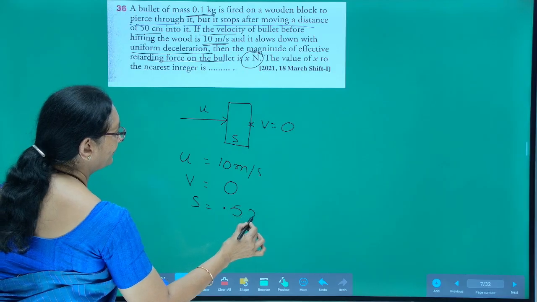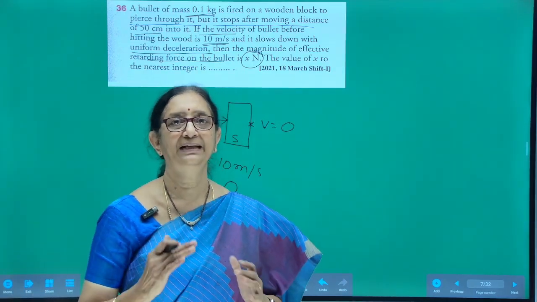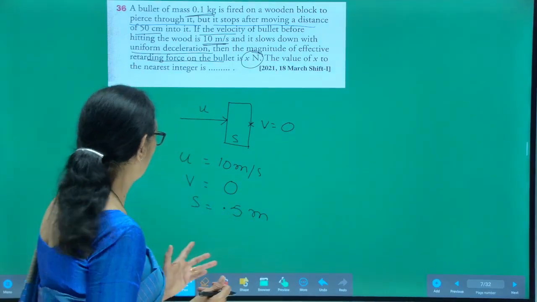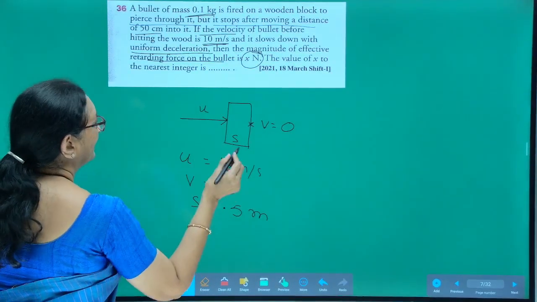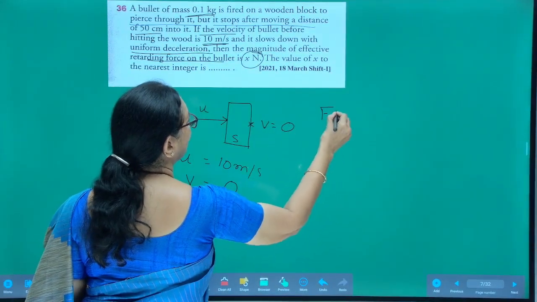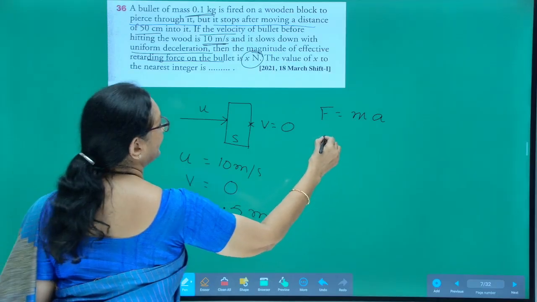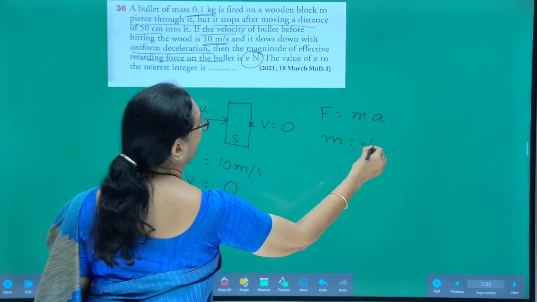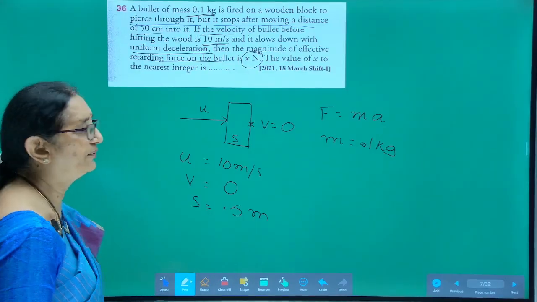If you convert that 50 centimeters to meters, it is 0.5 meters. What is asked here? You are supposed to find the force. We know force is equal to m into a. Mass of the bullet is given as 0.1 kg. If you know acceleration, you can find out force.